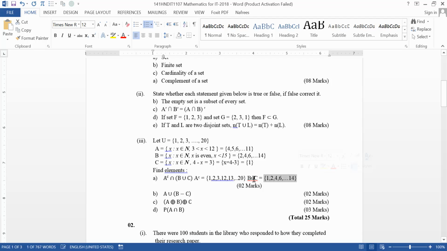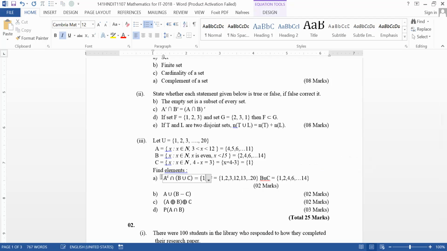What are the common elements here? 1 is common, 2 is common. 3 is not common, 4 is not common. After that, 12 is not common, 13 is not common, but 14 is common. That's all. This is the answer.